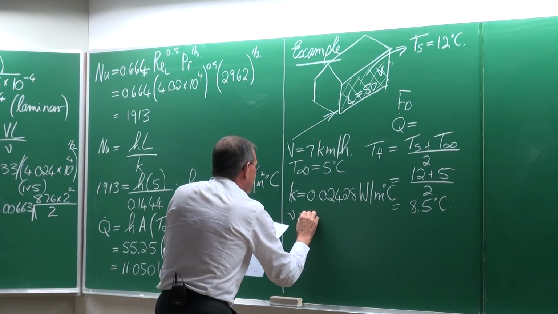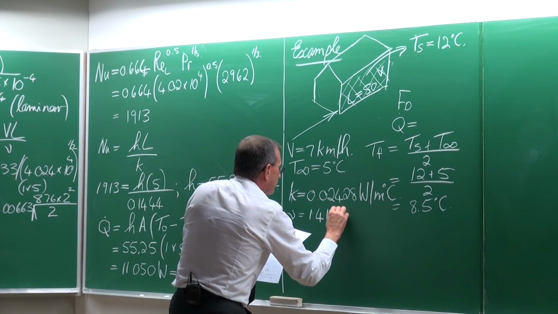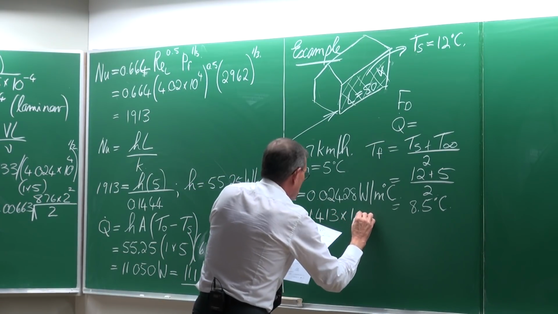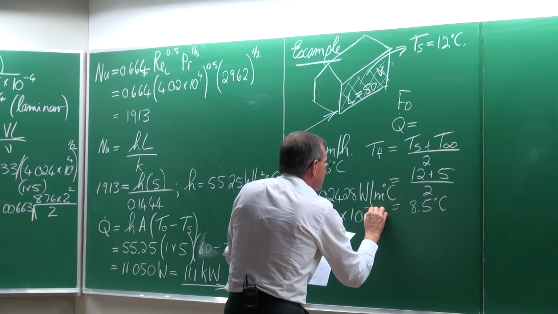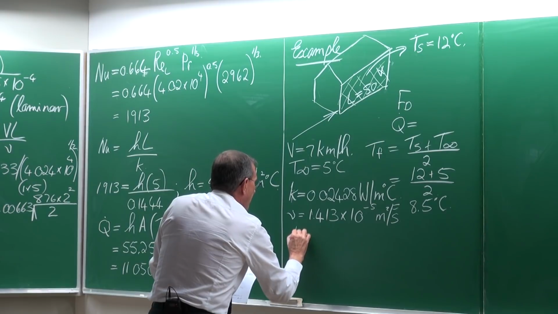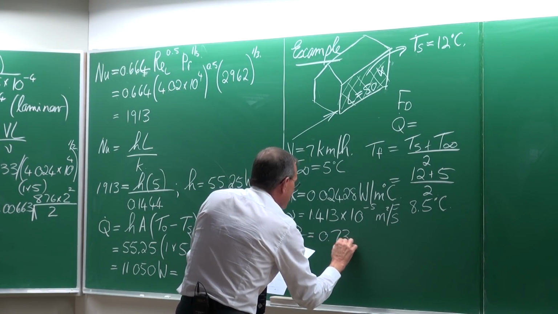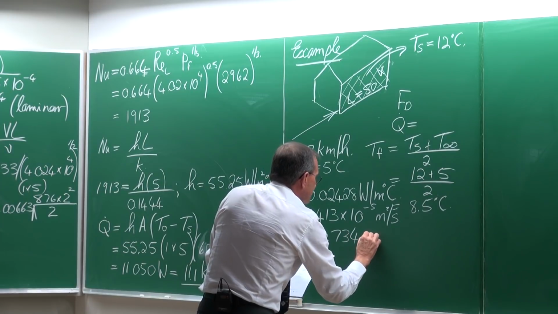The kinematic viscosity is equal to 1.413 multiplied by 10 to the minus 5 square meters per second, and the Prandtl number is equal to 0.7340.